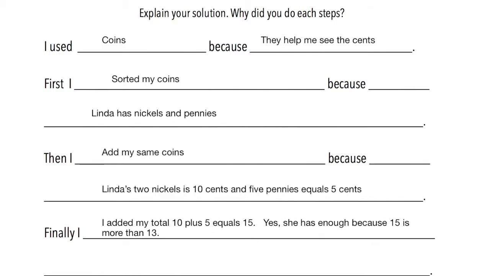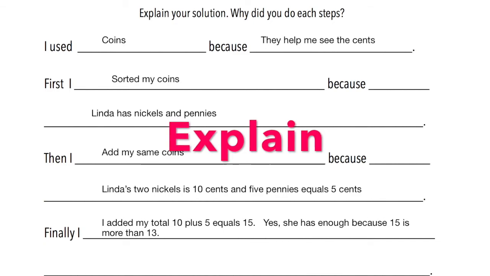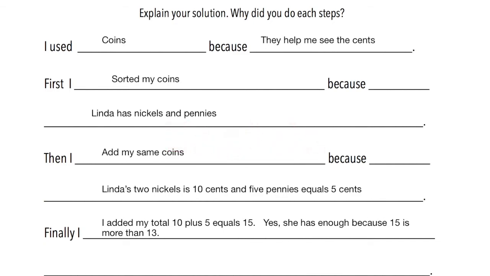So today I'm going to challenge you guys to not just solve the number story, but explain your solution. What steps did you do to solve your number story? Some of you have been doing this already by explaining how you're adding mixed coins in your videos.